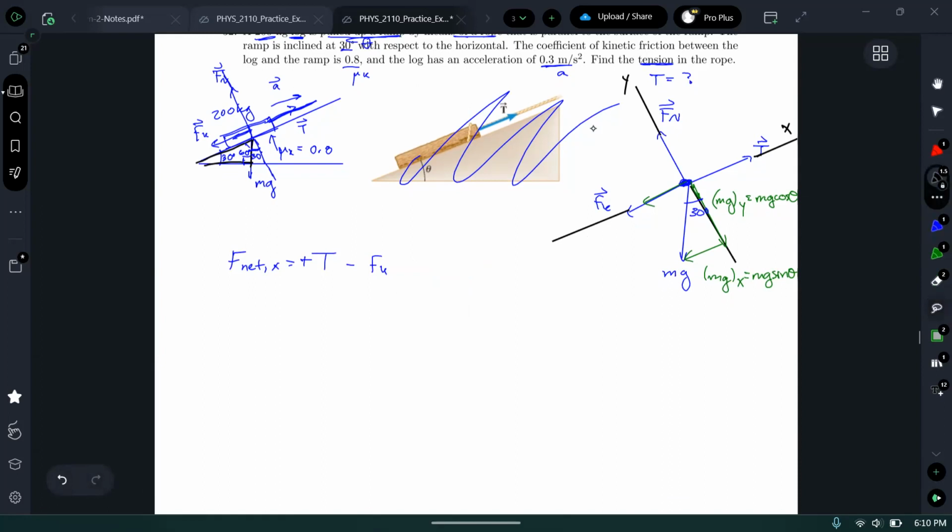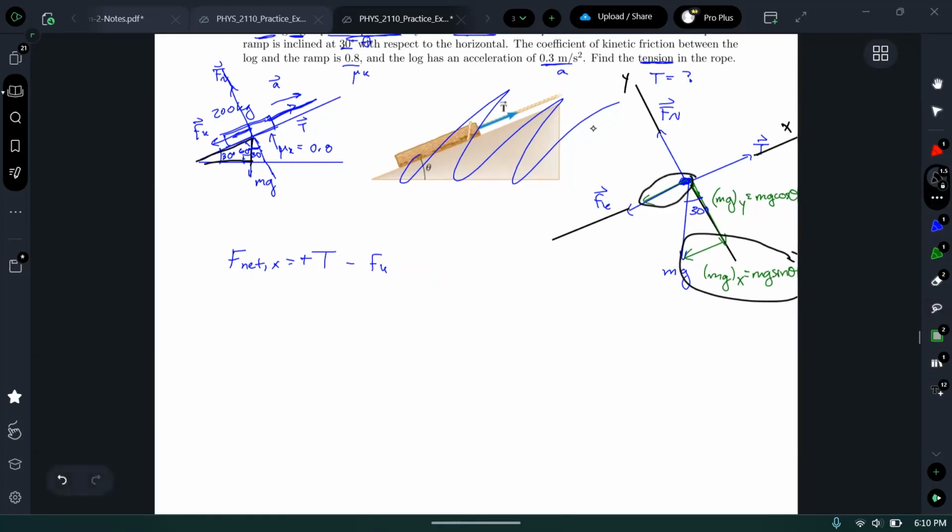I have this component right here also acting along the x direction. Drawing it down there makes it pretty easy to miss it. That's the one benefit of drawing it up here on the axis, is it reminds you that it is along the x direction. So minus mg sine of 30 degrees equals mass times x acceleration.